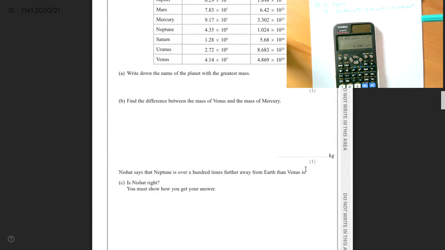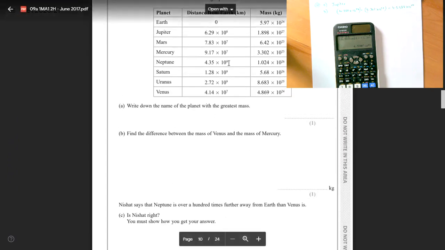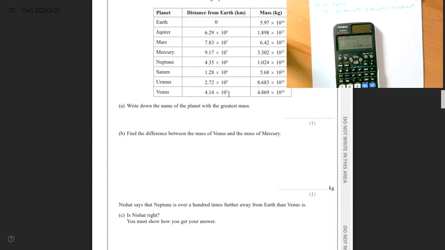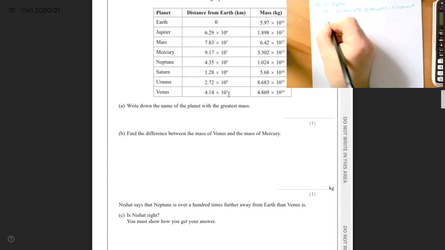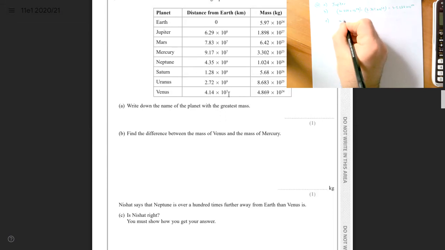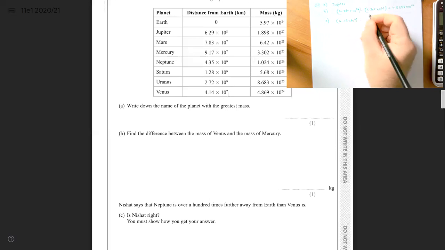Nishat says that Neptune is over 100 times further away from Earth than Venus. Is she correct? Neptune is 10 to the power of 9. Venus is 10 to the power of 7. So Neptune is 4.35 times 10 to the power of 9 divided by 4.14 times 10 to the power of 7.